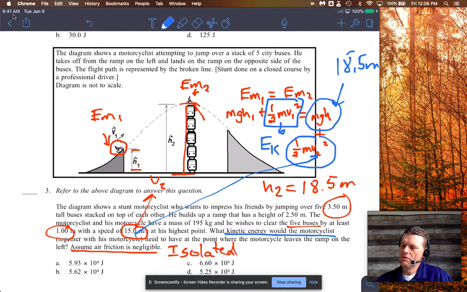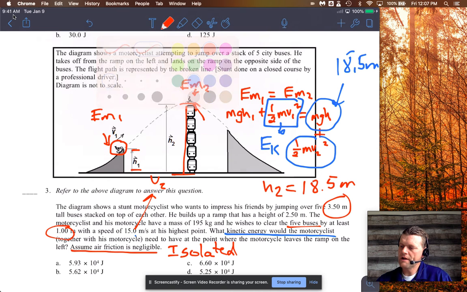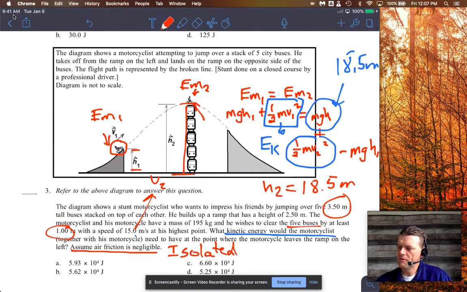I know I'm starting to make this a bit messy here. The point is that we add those two together, and then you would subtract mgh1 from that, because on the left-hand side you have mgh1.